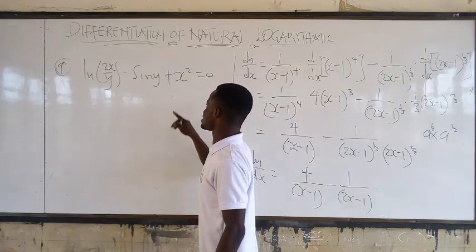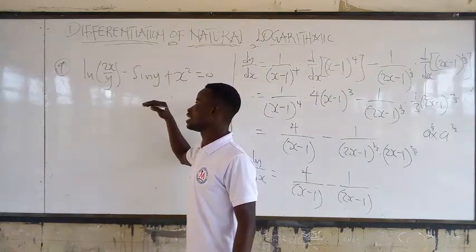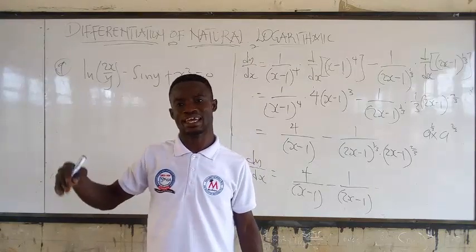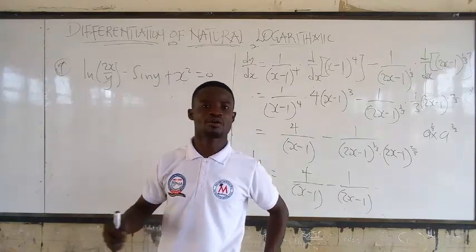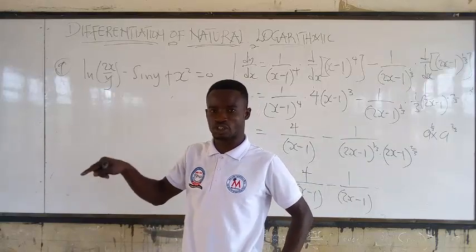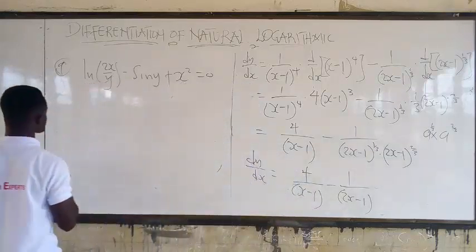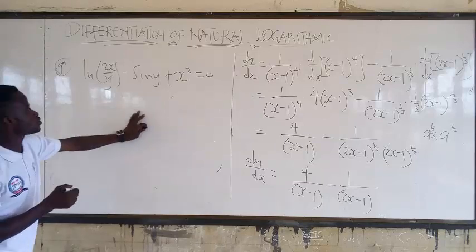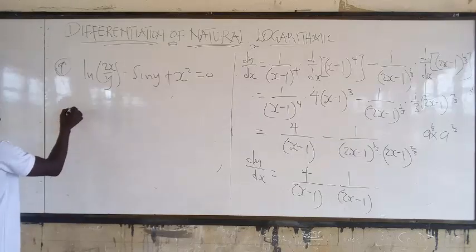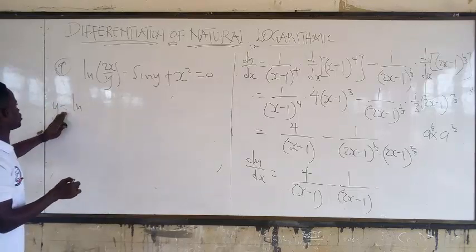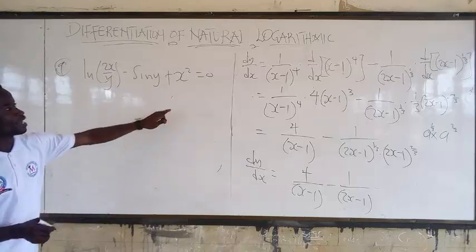But remember that there are some functions in the question which are not in terms of x. So it will become an implicit function. So let's see. Let's rewrite this one. We have it equal to 0.